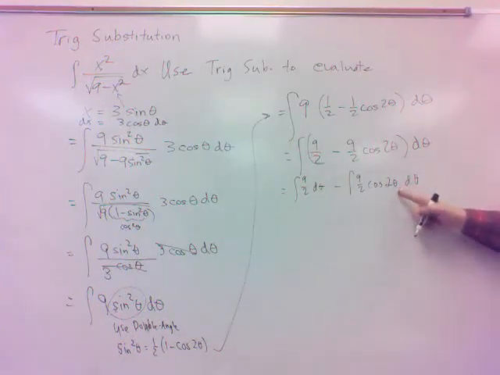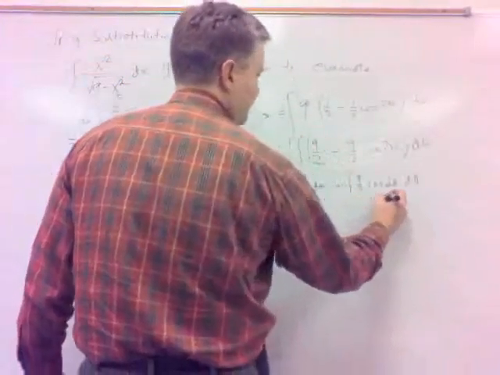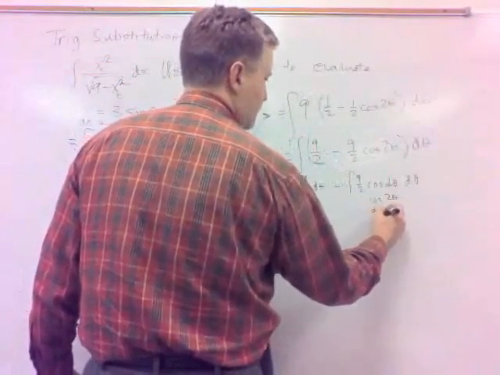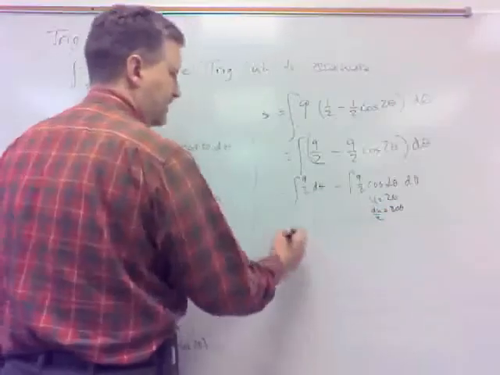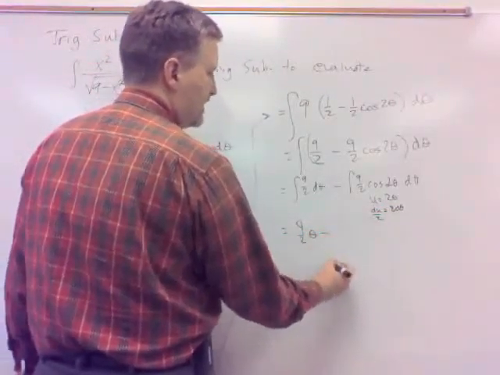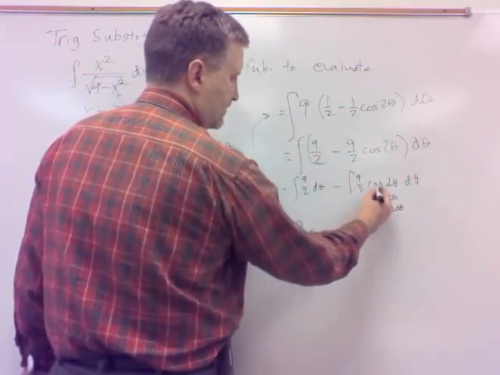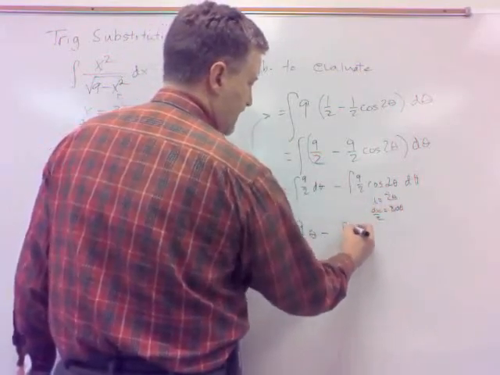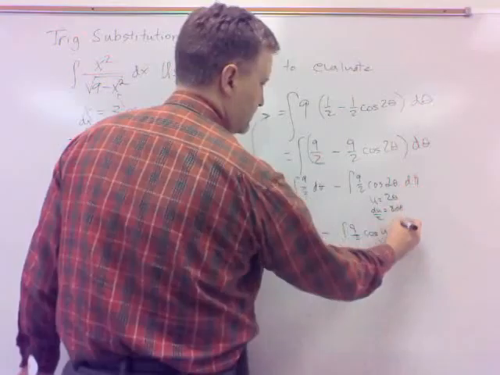A little u substitution, isn't it? Simple substitution. U is 2 theta, du is 2 d theta. So d theta is du over 2. Okay, so this is 9/2 theta minus 9/2 cosine u times d theta, which is du over 2.